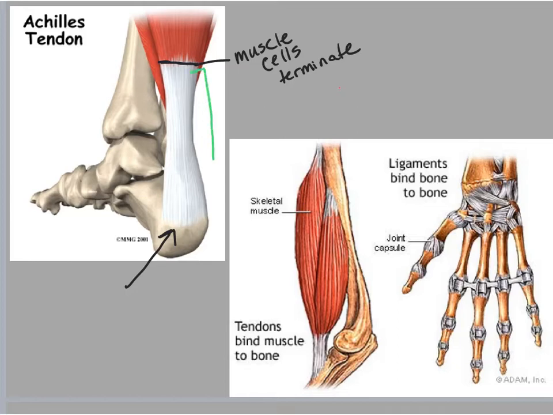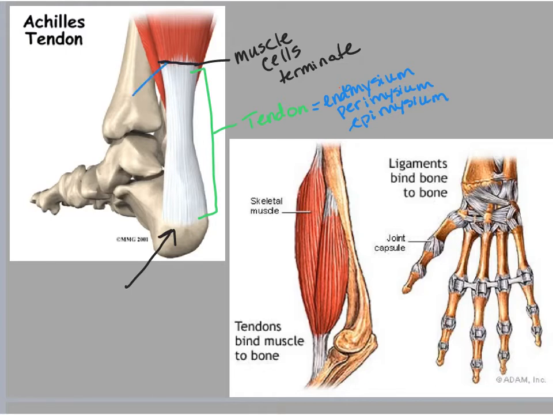So all of this is a tendon. More specifically, that's the calcaneal tendon. And what a tendon is made of is a continuation of the endomysium, the perimysium, and the epimysium.